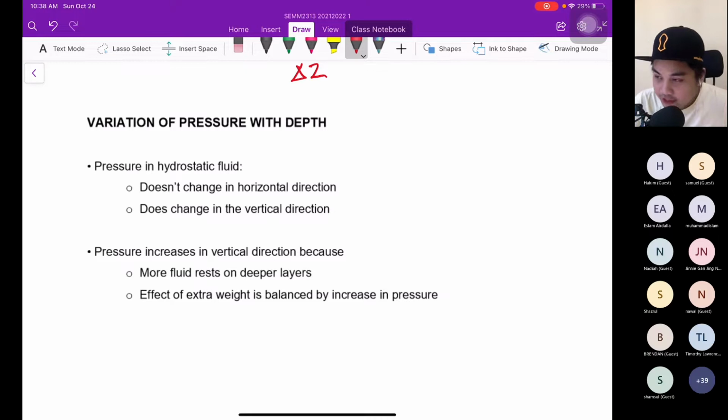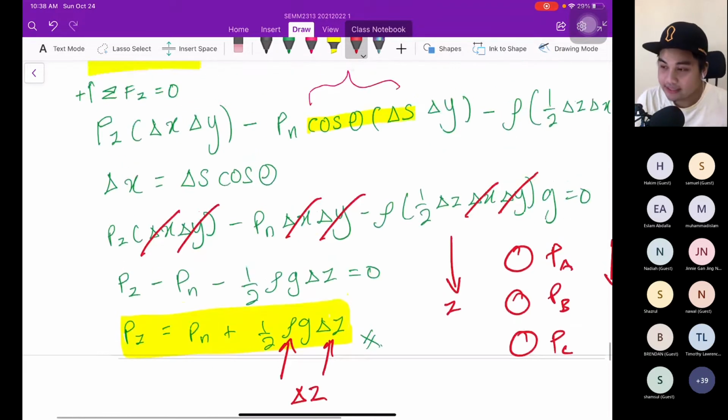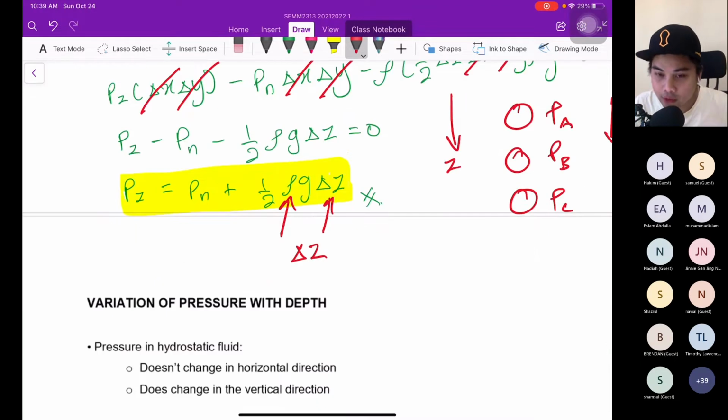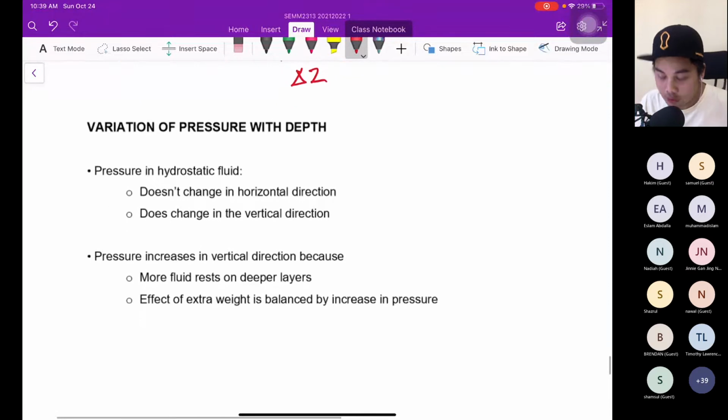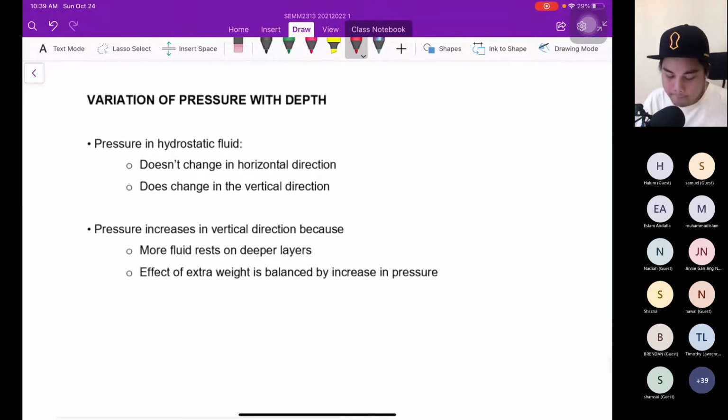Now we look at the variation of pressure with depth. Remember our last equation, we discovered that the pressure in the Z direction will vary according to the location. So now let's take a deep look into the variation of pressure. Pressure in hydrostatic fluid doesn't change in horizontal direction.